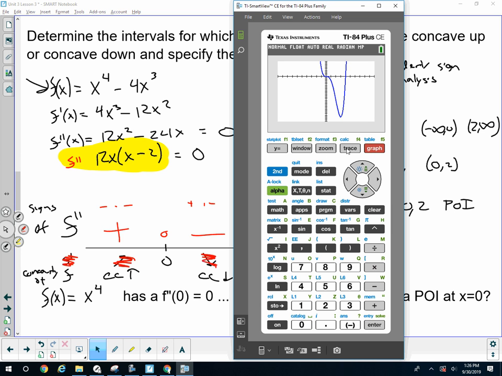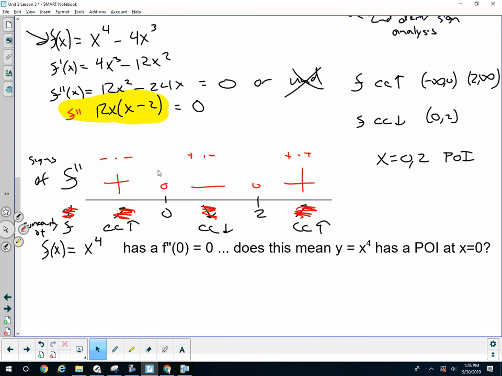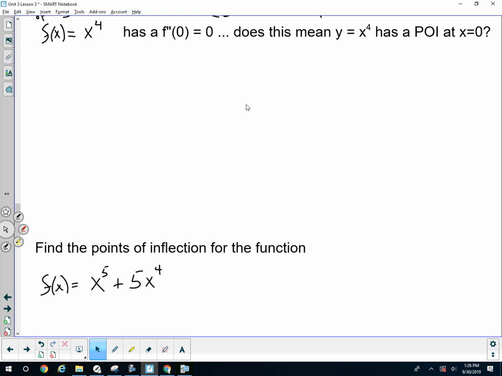There we go. Concave up until 0, concave down until a point of inflection at 2, concave up after 2. There you go. I can see the shape by graphing. Okay? Now, let's look at x to the fourth.